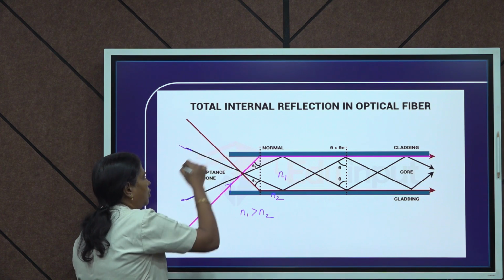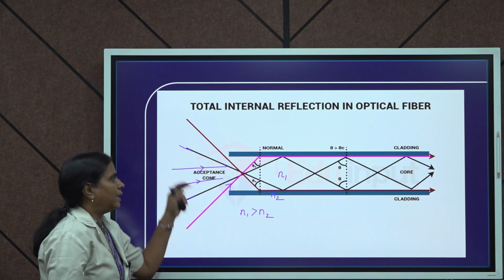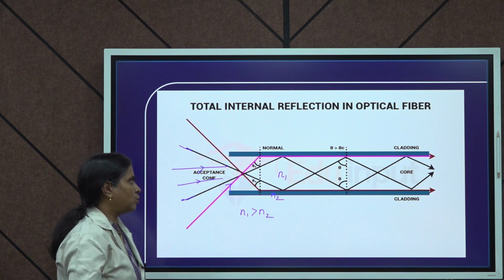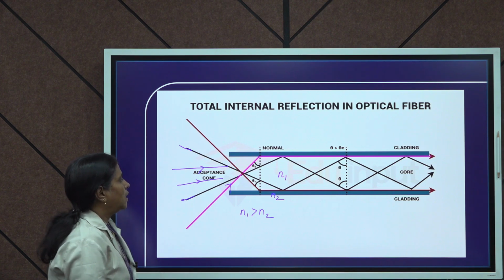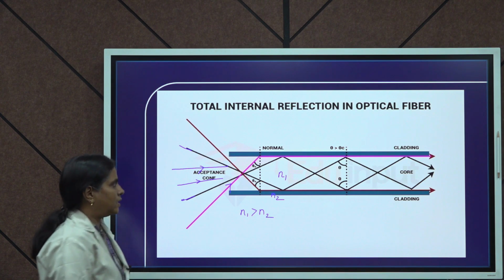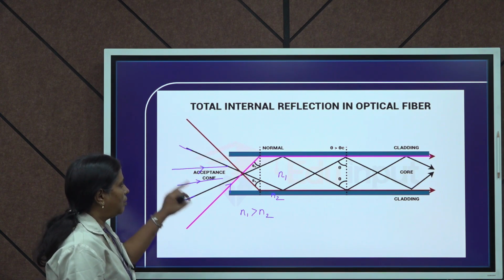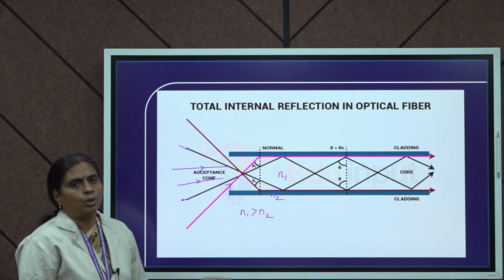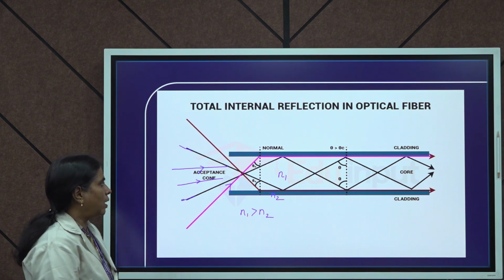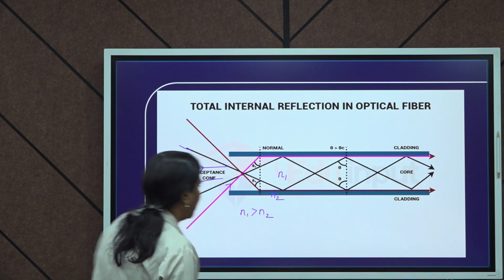So within this cone, if the light enters the optical fiber, it gets totally internally reflected. Outside it, they cannot achieve the total internal reflection condition. So these are the basic aspects of the optical fiber.